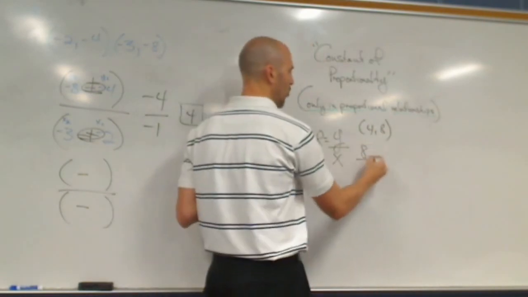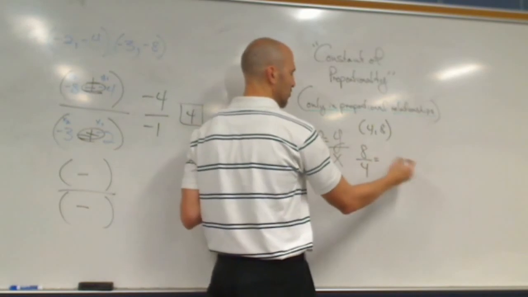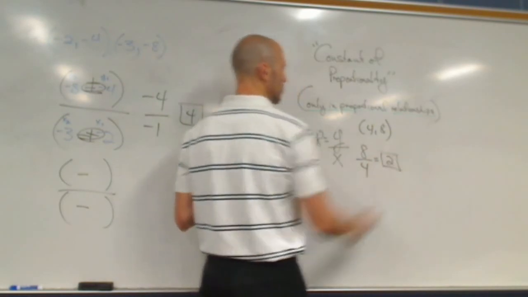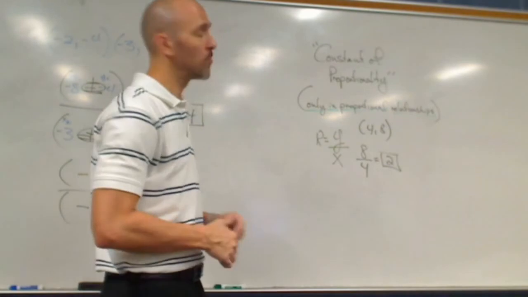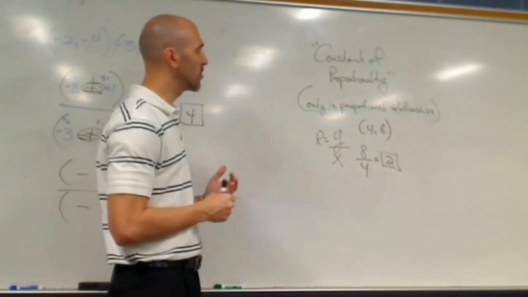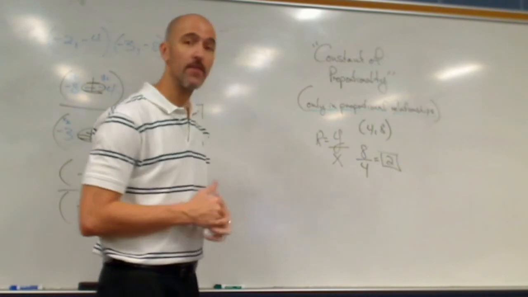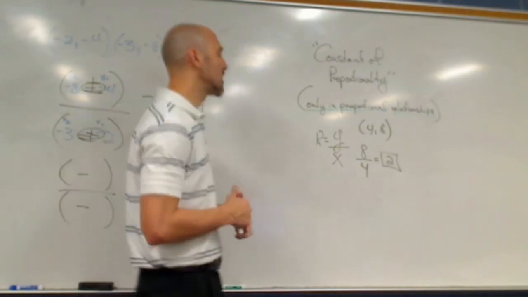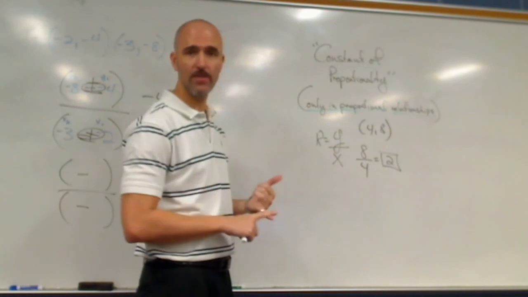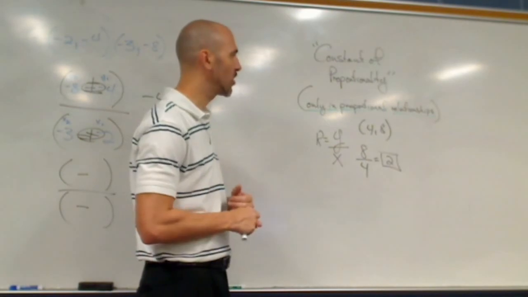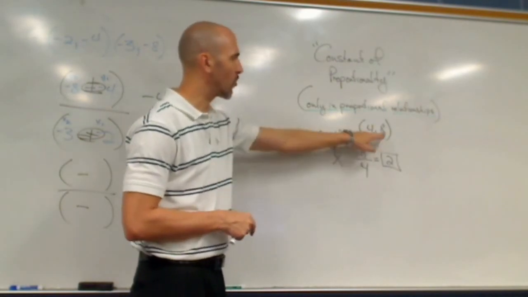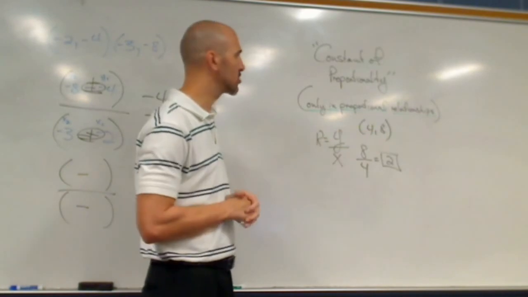So it'd be 8 over 4. 4 goes into 8 twice. So your slope is 2. And that's it. So in a proportional relationship, they may call it constant of proportionality instead of slope. If you are in a proportional relationship, it's fantastic because you don't have to do y2 minus y1 over x2 minus x1. All you got to do is have one coordinate, put the y over the x, and then divide, get your slope.